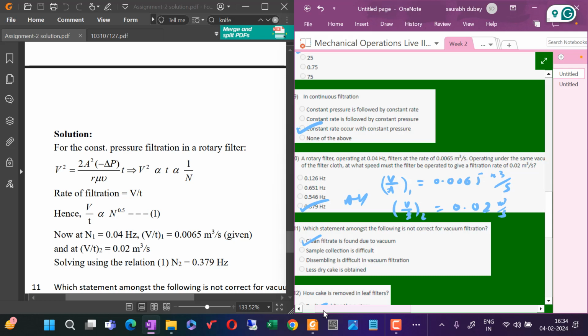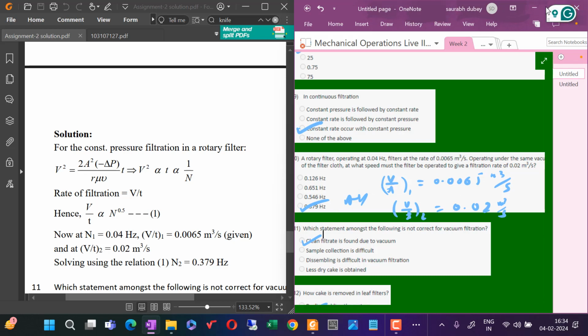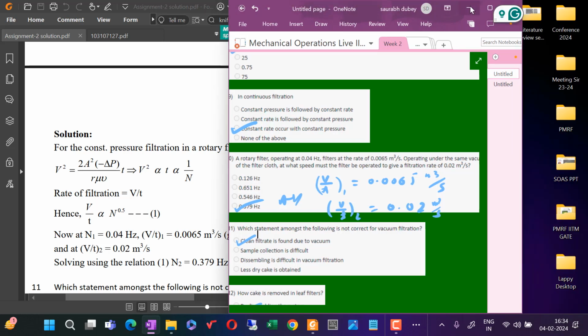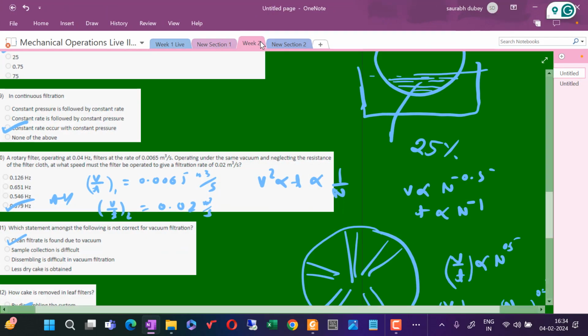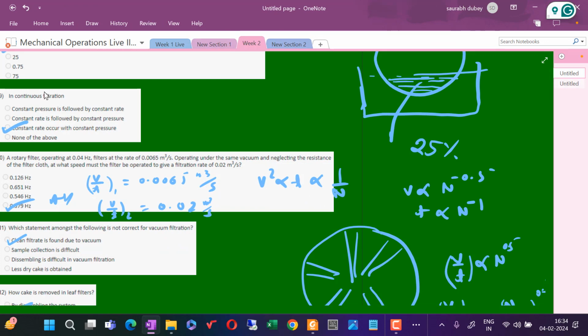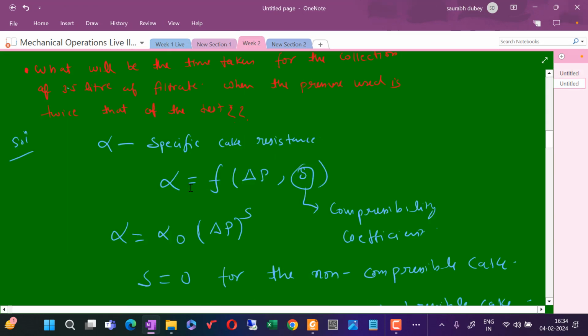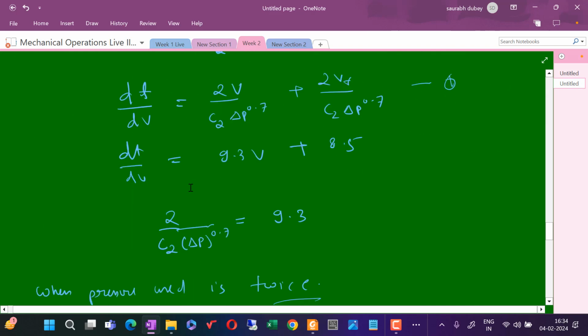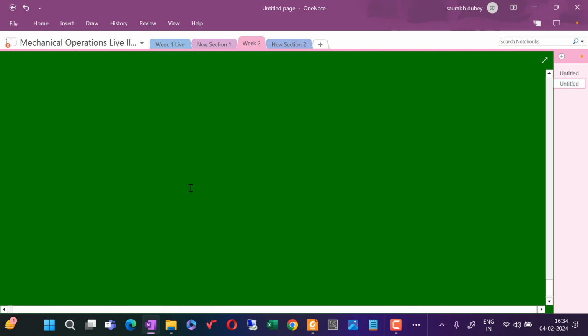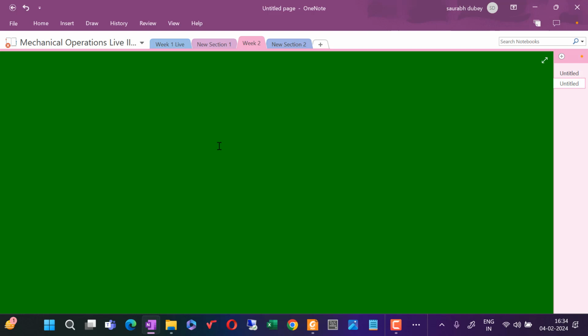So in this way, this rotary and continuous filtration question will be solved. Now I will be taking you to one more good question, again related to filtration, and I will be solving it with two methods.